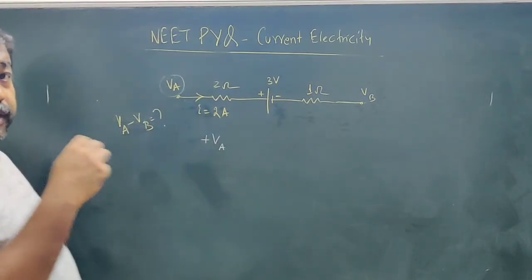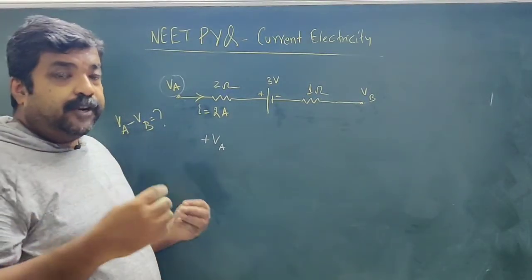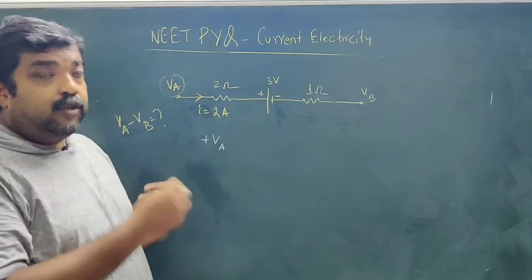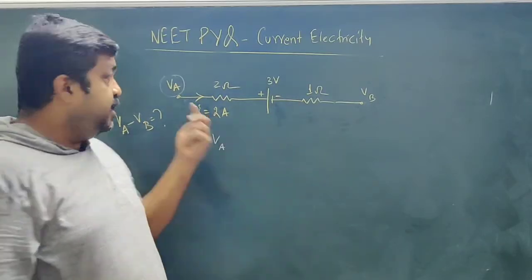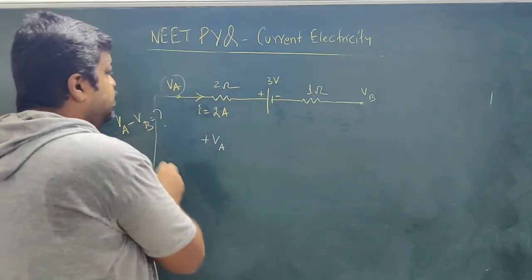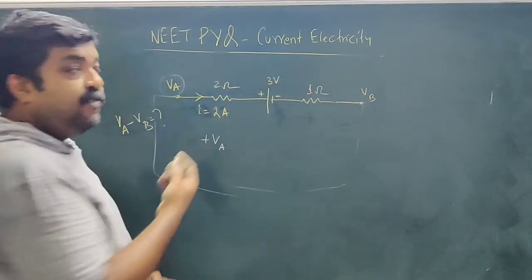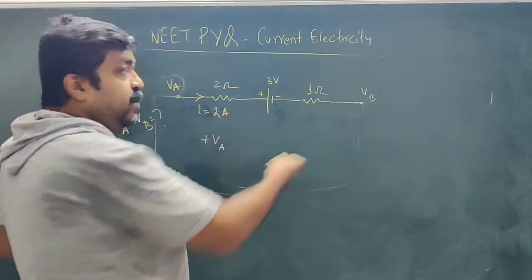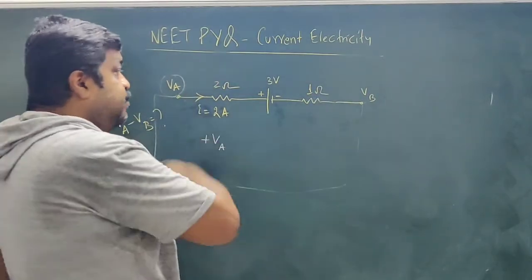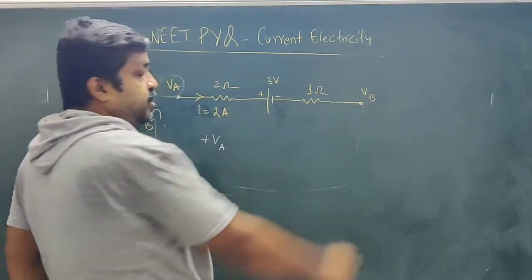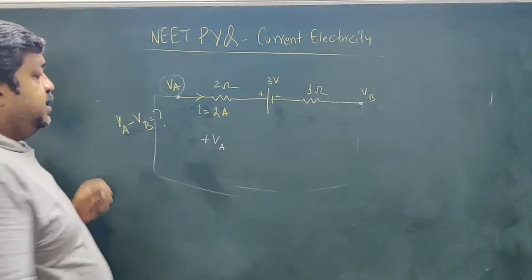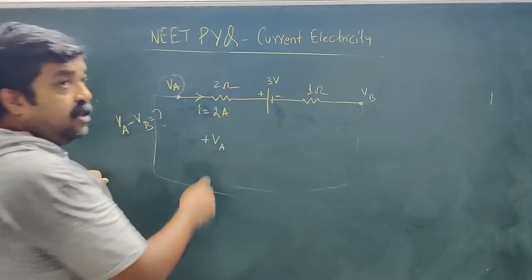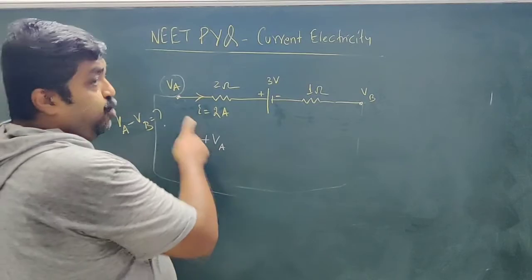Try to concentrate, this is how we use loop rule for an open circuit. This is a large part of the circuit, not an open circuit. Obviously, this is part of a large network, but in that network, we are studying from this point to this point. So we are starting from this point. So this is plus VA, high potential.